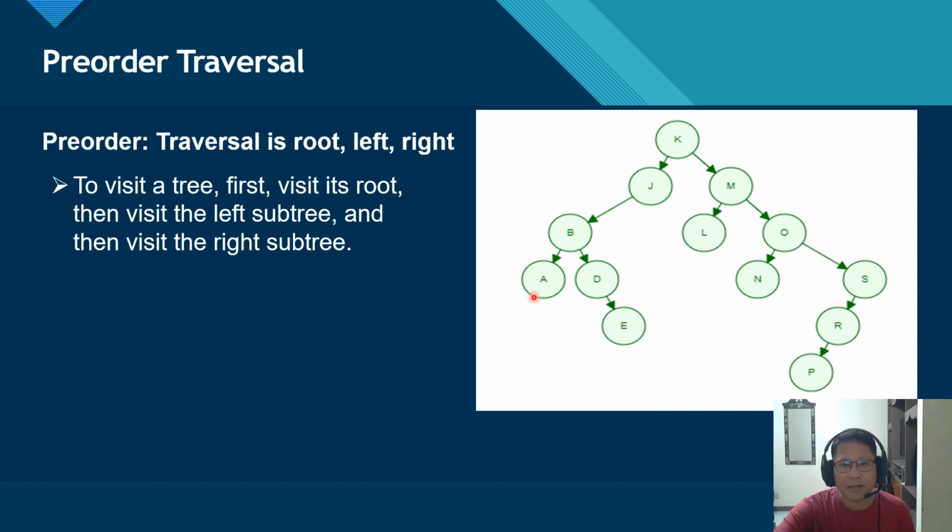Since our first is root, and D here is the root of E, we're going to take that first. So after A, next is D, and then E. Then let's proceed with M. M is the root here of these two children. So after E, then M. Then down to left, which is L.